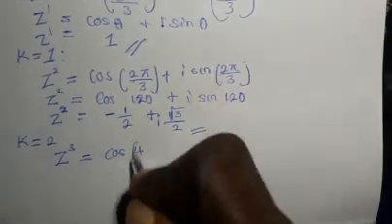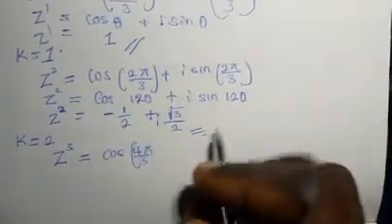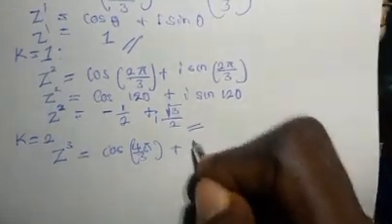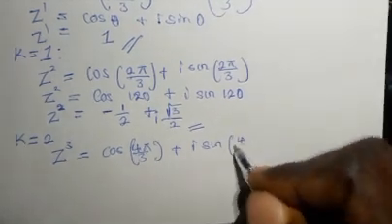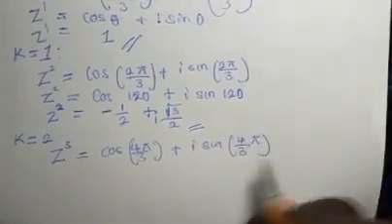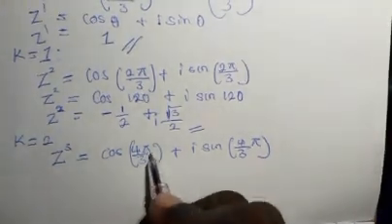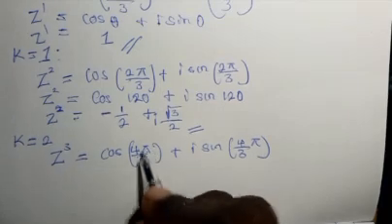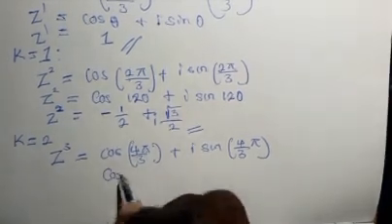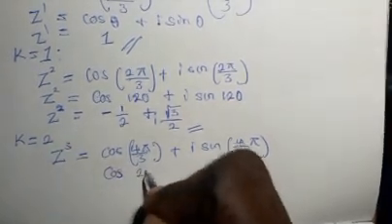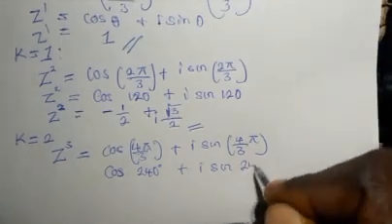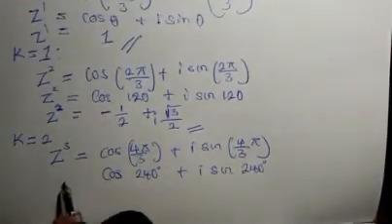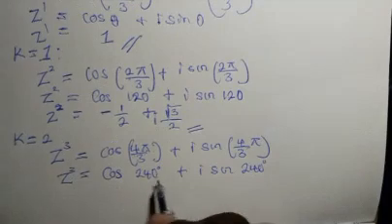So we have cos 4 over 3 pi plus iota sine 4 over 3 pi. Don't forget, pi is 180, so this is equal to cos 240 degrees, here also iota sine 240 degrees, and we have z3 to be equal to that.